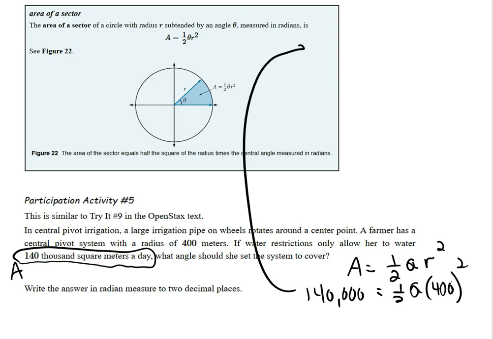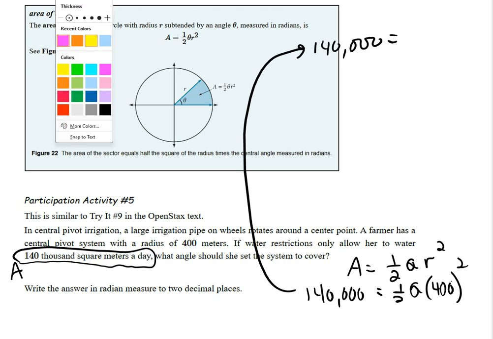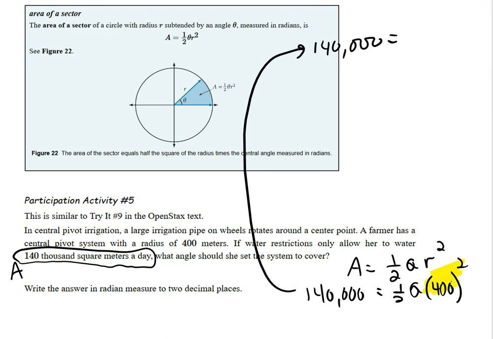You've got 140,000 equals, when you take 400 and square it, I'm going to get 160,000.